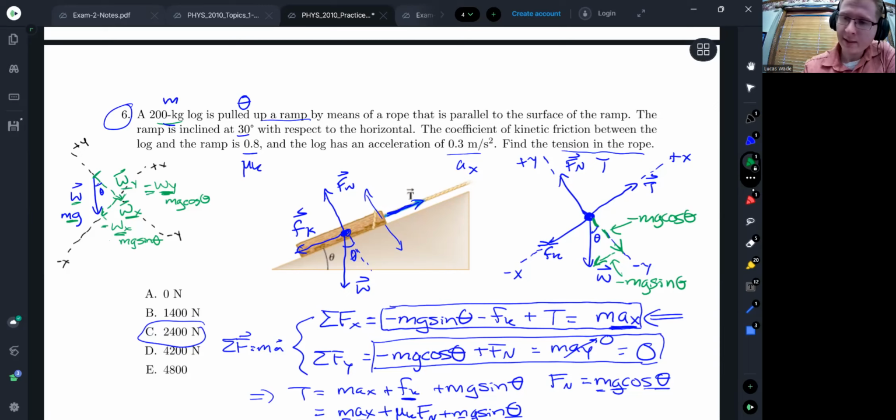Yes, so once we convert from this vector description to the scalar description, what we're dealing with is lengths of things. And really we're dealing with the lengths of the sides of a right triangle. And so the Pythagorean theorem applies.